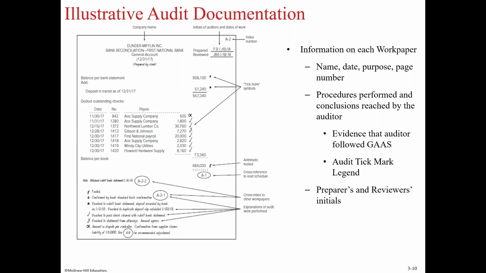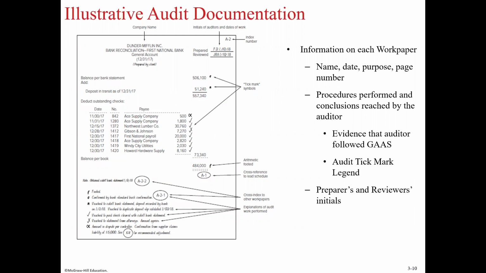Every firm, every auditor pretty much can have different tick marks, but some of them are standard. I worked for a senior who used smiley faces, which was kind of weird, but as long as there was a legend down here explaining what it was, you can use whatever you want. But for the most part, standard tick marks kind of look like this. It's shorthand for what the test was that they performed.